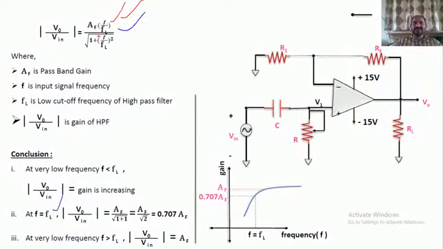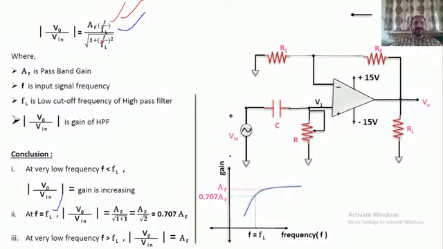This square and this square root get cancelled, so we have f by fL. In the numerator we also have f by fL, so these two terms get cancelled. Then obviously the gain of the filter becomes AF, which is a constant.